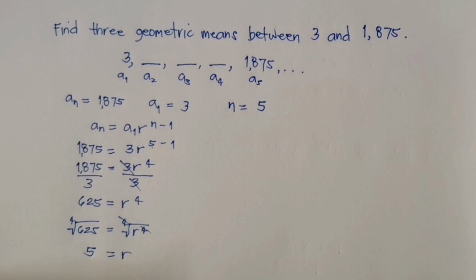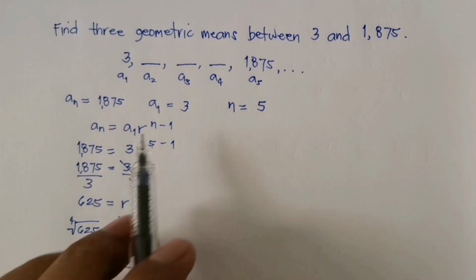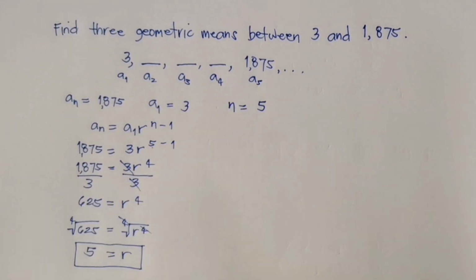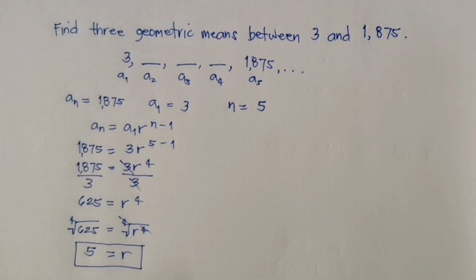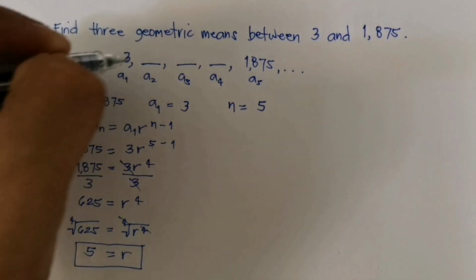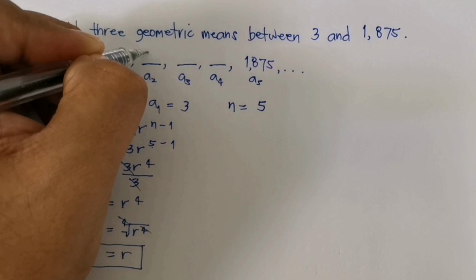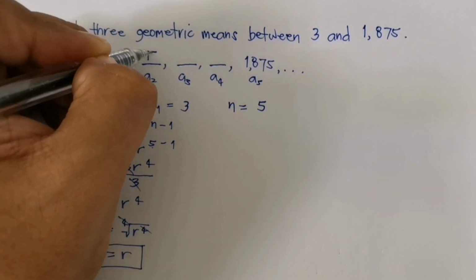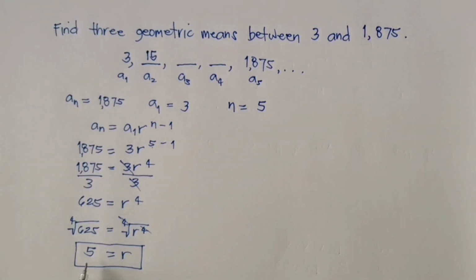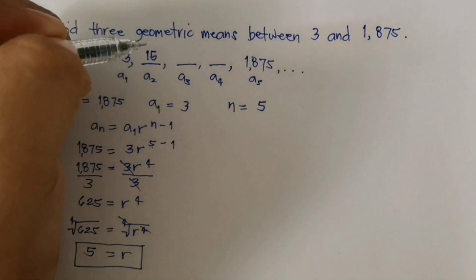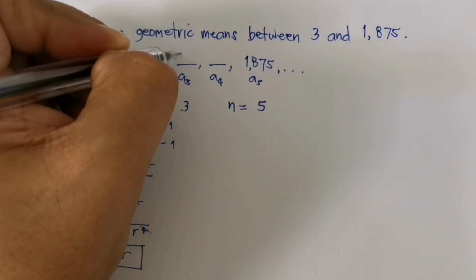Okay, so now that we have the value of r, we can supply the missing terms in these blanks. So 3, which is the first term, times r, which is 5, that is 15. 15 times 5, that gives us 75.